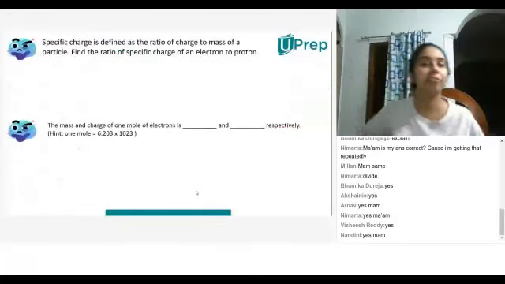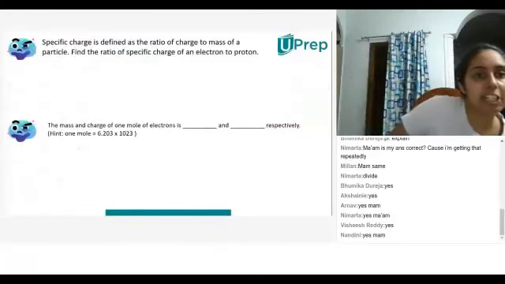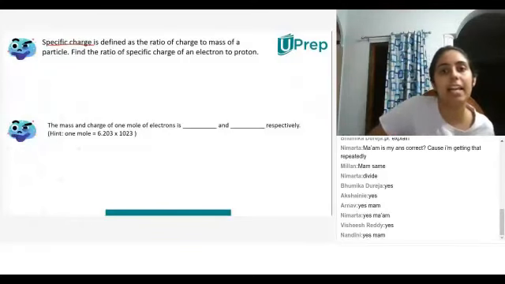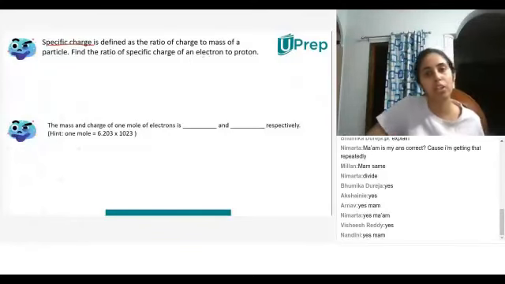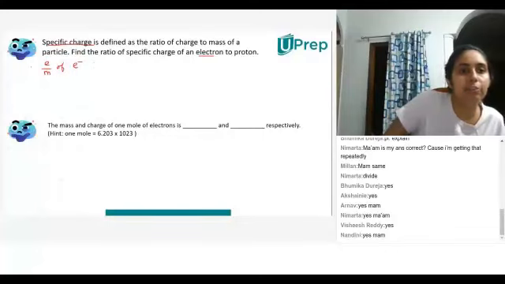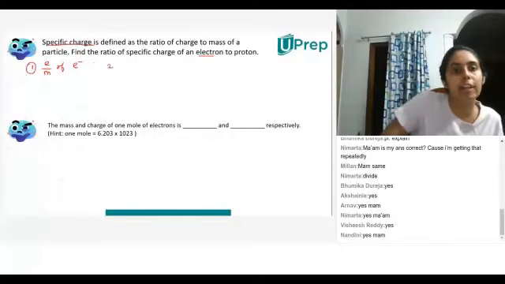Okay, we need to find out the specific charge for electron and proton. So what is the specific charge for electron? First we need to find out the E by M ratio of electron. Then we need to find out the E by M ratio of proton.